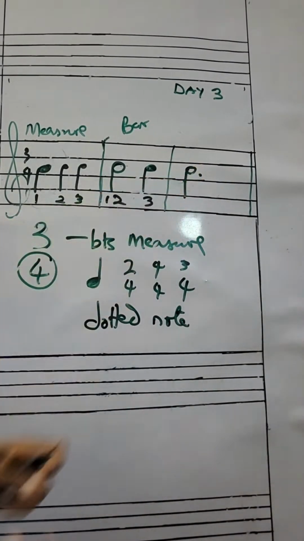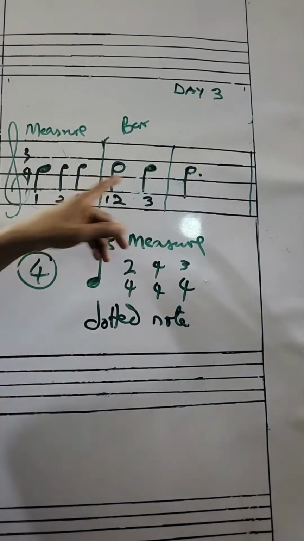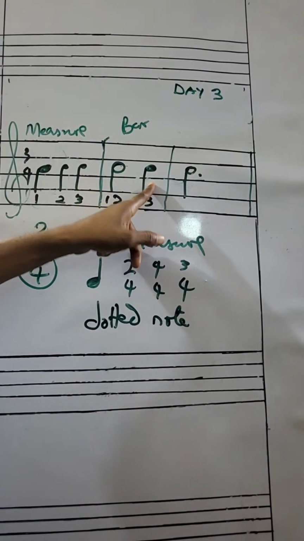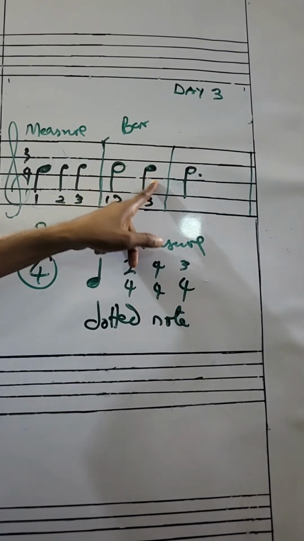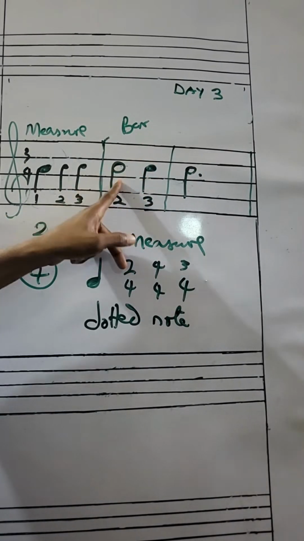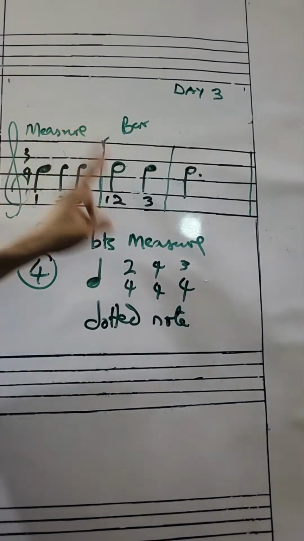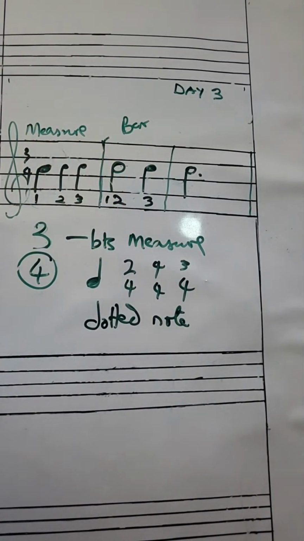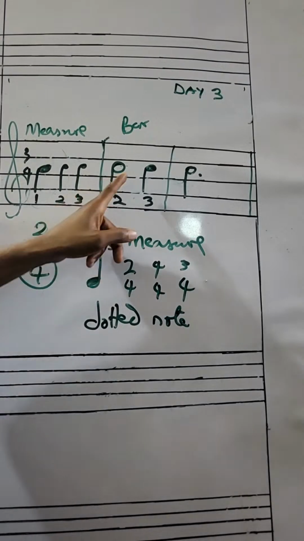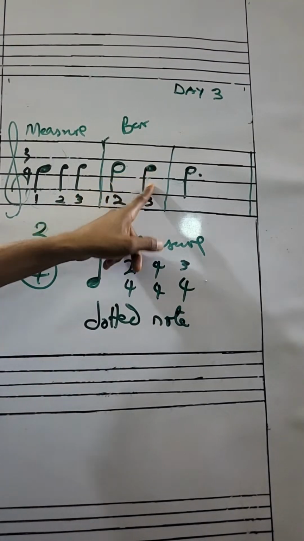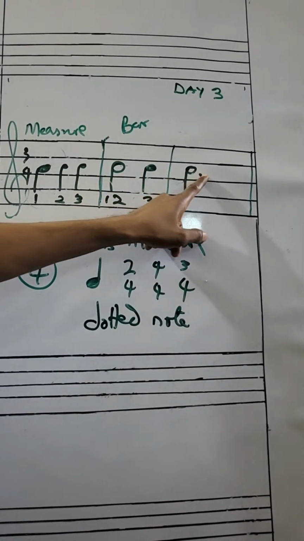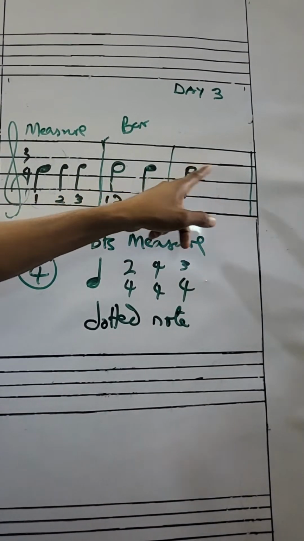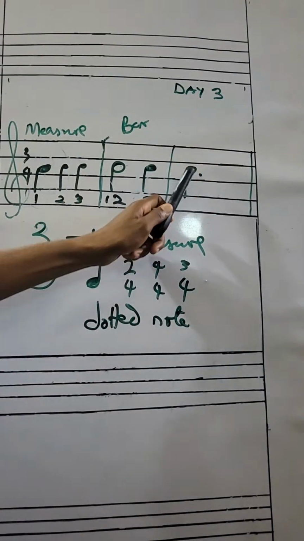What is half the value of a half note? Half the value of a half note is a quarter note. Your quarter note is 1 count, and your half note is 2 counts in this time signature. So since your quarter note is 1 count, this dot adds half of the note's value. That is why we are counting 3 here.